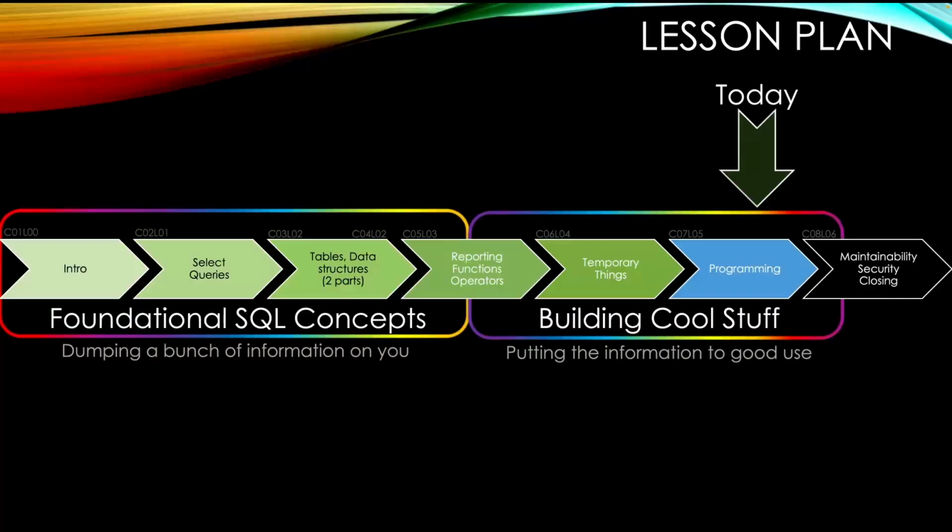And then today in the programming one, we're definitely going to add some new things that you can do, but we're sort of culminating most of these things that we've learned so that we can do more with them. We can start applying business logic. We can start doing error handling. We can start doing these things to help make our code more resilient and beneficial to be a true component of an application or of a report or a website, whatever it might be.